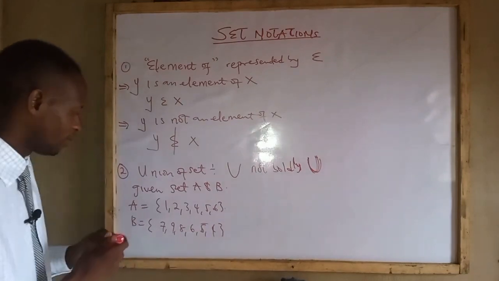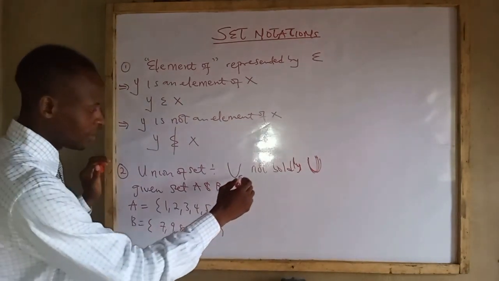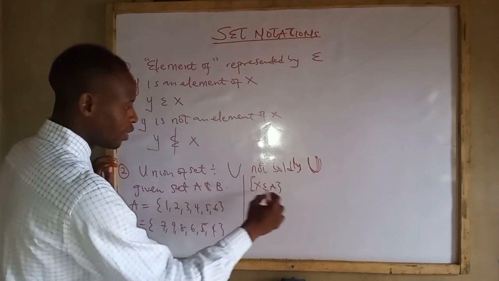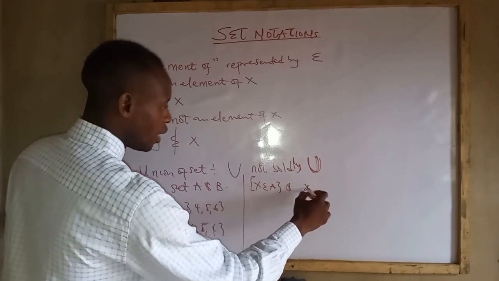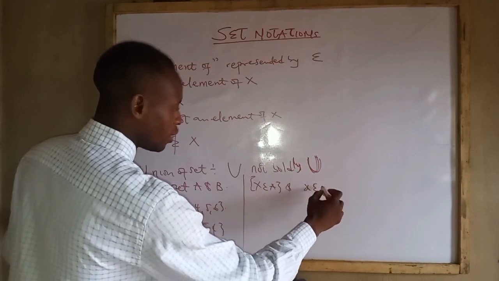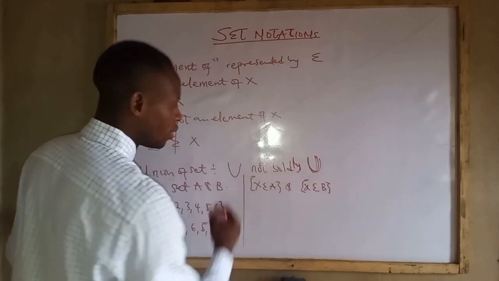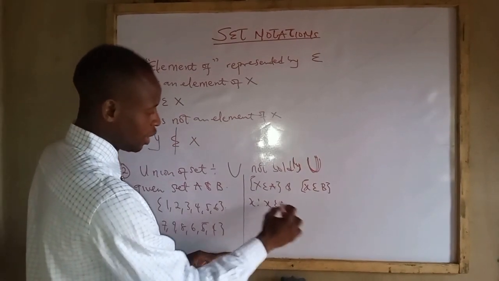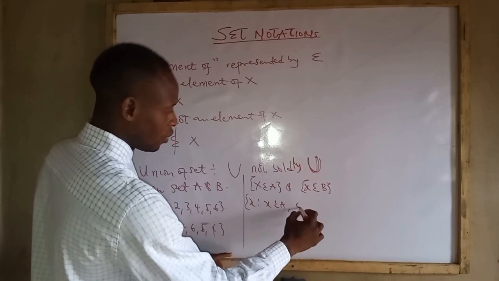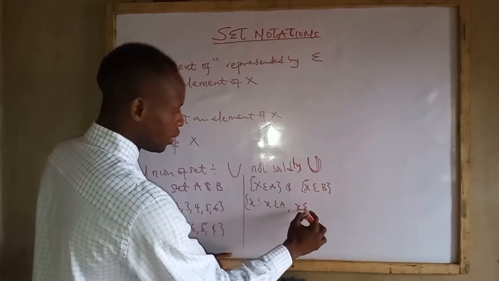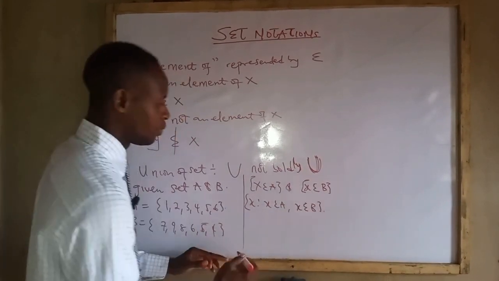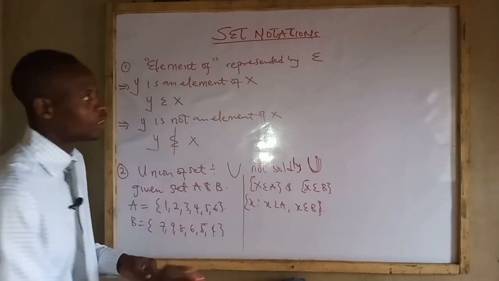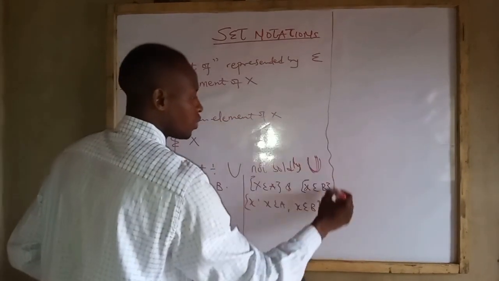Before that, we know that x is an element of A, and also x is an element of B. This is x such that x is an element of A, and also x is an element of B.